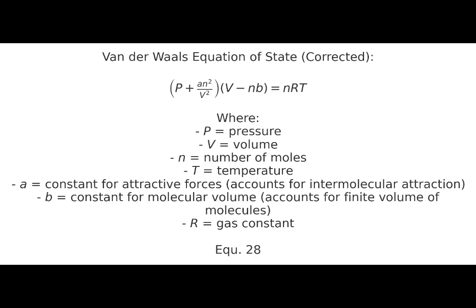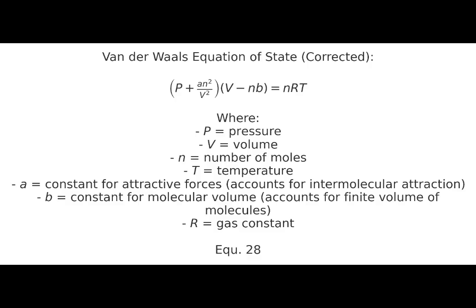2. V minus b. The term b accounts for the finite size of gas molecules. In the ideal gas law, the volume of the gas molecules is assumed to be zero, but in real gases, molecules occupy a certain volume.